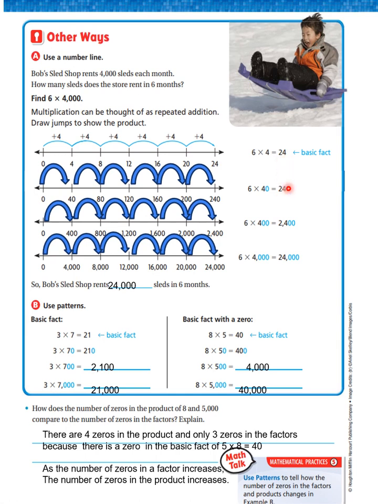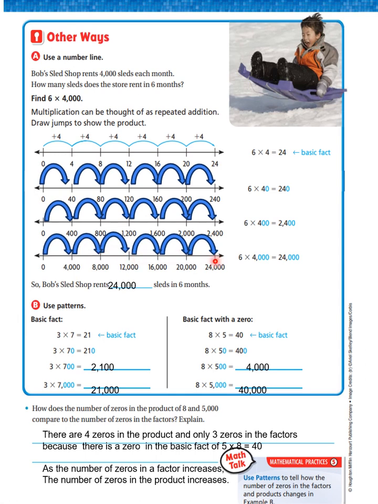So this is 10 times greater than that. This is 10 times greater than that. And this is 10 times greater than that. All right. So how does the last number line show 6 times 4,000? How many jumps do we have?